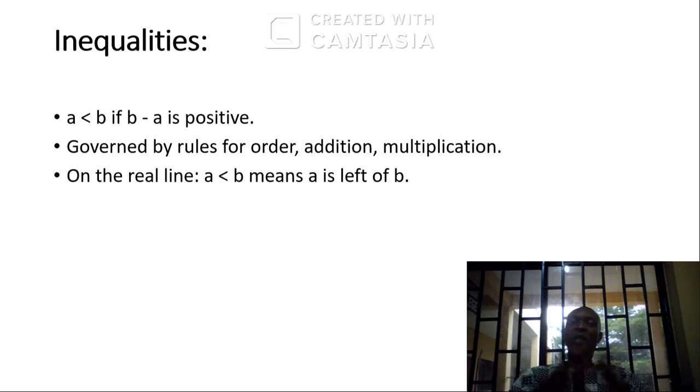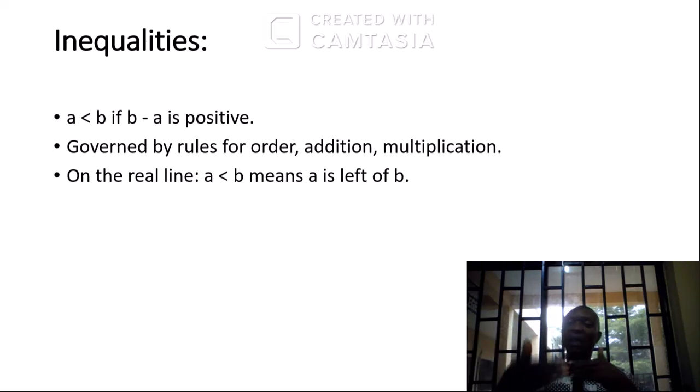So inequalities: if you have two real numbers, A and B, and you say A is less than B, it means that B minus A is positive. So if you subtract your age from my own age, you have 10, which is positive. If it's A greater than B now, what I'm going to have is negative.